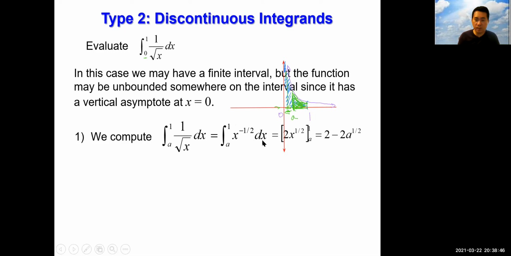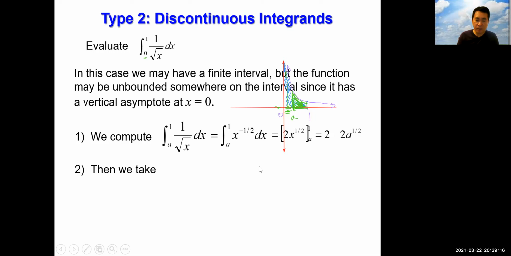If we add 1, it becomes x to the 1/2. We divide by 1/2, or multiply by 2, so we have 2x to the 1/2, from a to 1. Plug 1 in, you have 2 times 1 to the 1/2, which is 2. Then plug a in, you have minus 2a to the 1/2, using the fundamental theorem of calculus.